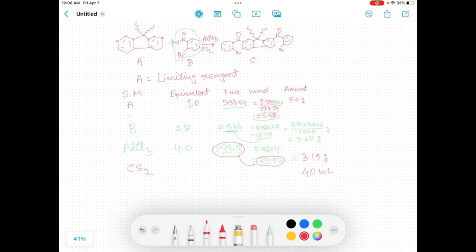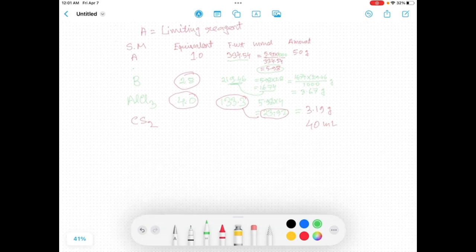So based on that amount, you can calculate others like B and other reagents, whatever the reagent you will need. You just need to know how much equivalent you are going to use. So here B is getting used 2.8 equivalent, and aluminum chloride we are going to use 4 equivalent. So we can calculate in that way. So by this way you can just mix all those things depending on the procedure.